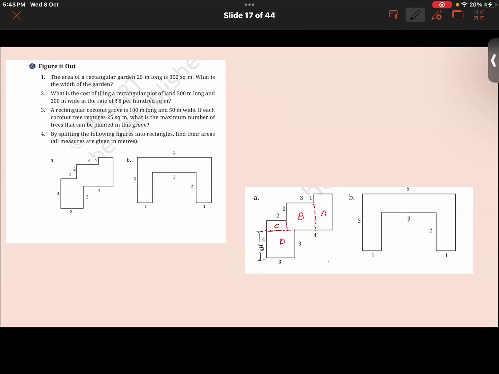So the area of figure D, one second, please give me a while, this pen is actually not working properly.